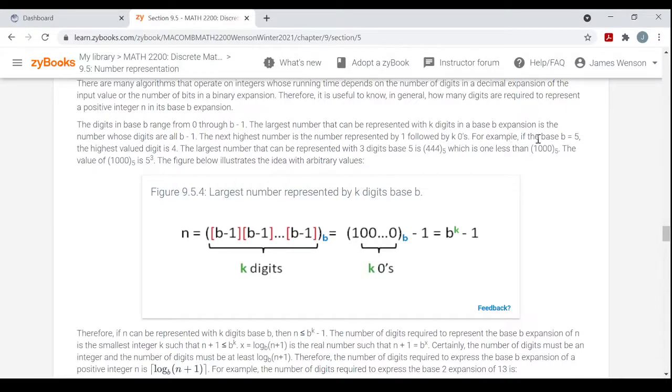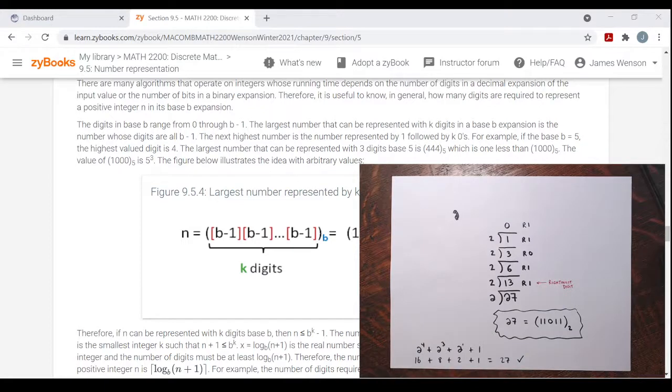So again, in their example here, if the base is 5, the highest value digit is 4, right? When you're talking base 5, the digits are 0 through 4. So the largest number that can be represented with 3 digits, base 5, is 444, which is 1 less than 1000.